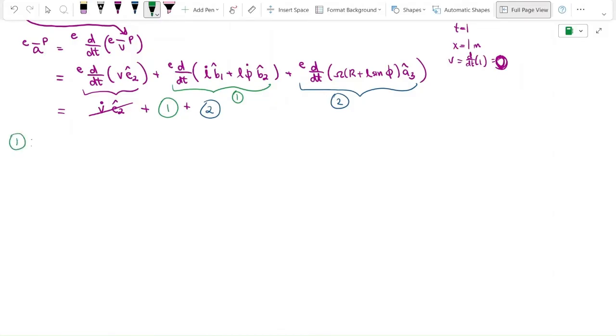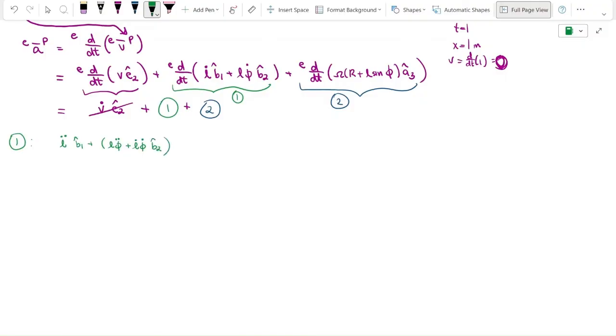Okay, so in part 1, BKE time. So using the BKE, this becomes first the time derivative of L dot B1 hat plus L phi dot B2 hat with respect to the frame it's already written in, which is the B frame. So this just becomes L double dot B1 hat plus, by product rule, L phi dot phi double dot plus L dot phi dot B2 hat.